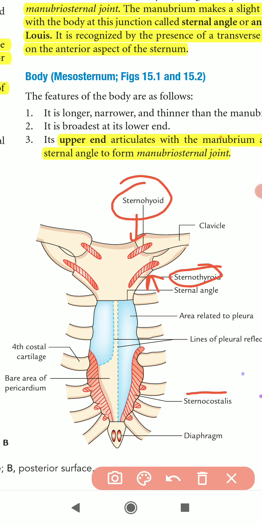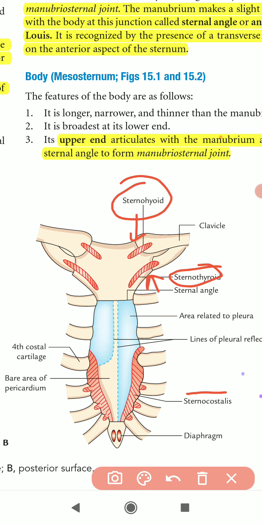So these are the attachments, but in the posterior surface there are also some related structures. What do we mean by attachment and what do we mean by relation? Any structure that is tightly attached to the bone or gets origin from the bone is known as an attachment. They are tightly attached and cannot be separated.